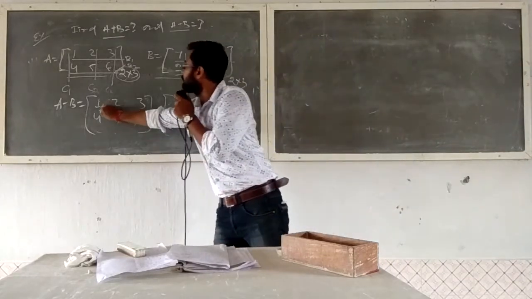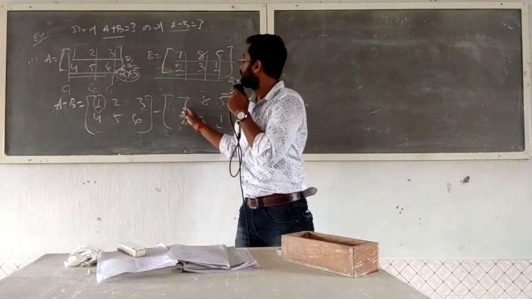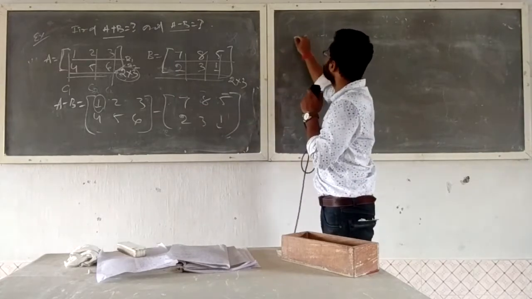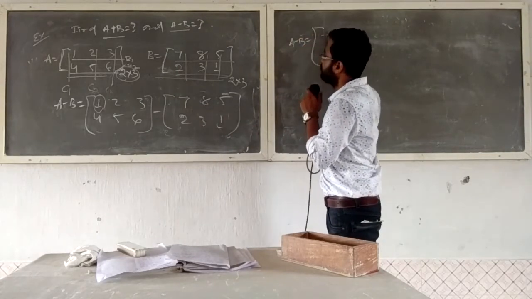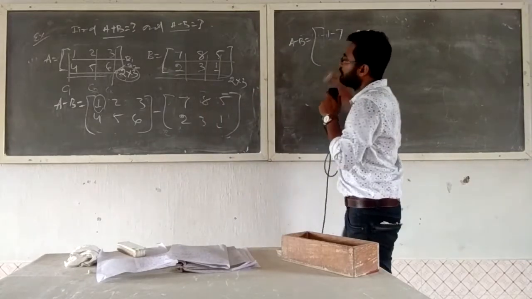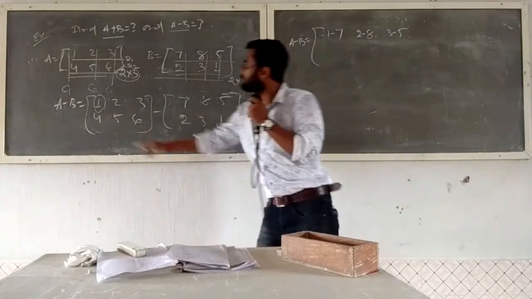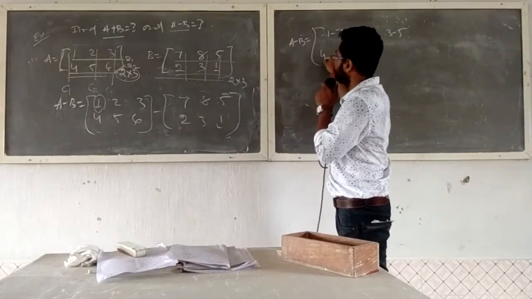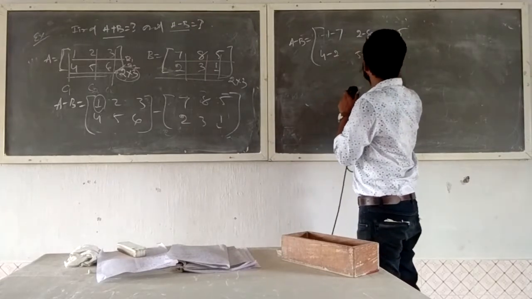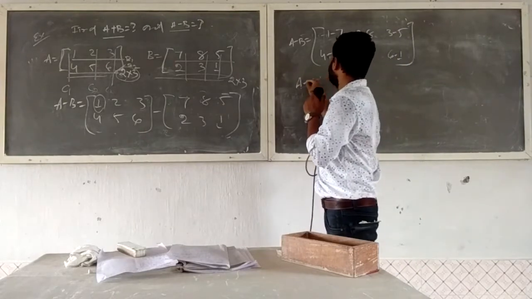The first elements of the first matrix are subtracted with the first elements of the second matrix. That is, A minus B equals 1 minus 7, 2 minus 8, 3 minus 5. The second row will be 4 minus 2, 5 minus 3 and 6 minus 1. And this gives the values of A minus B.